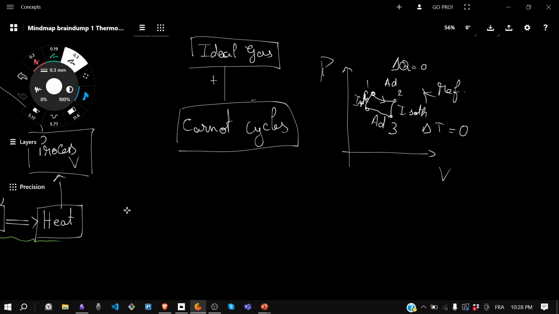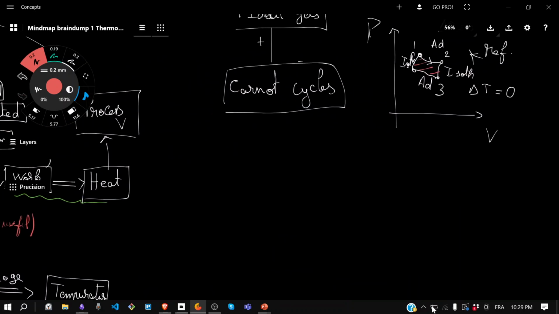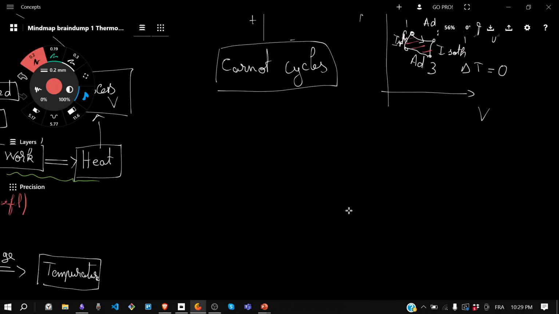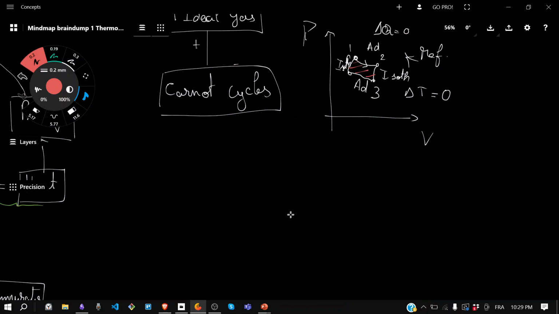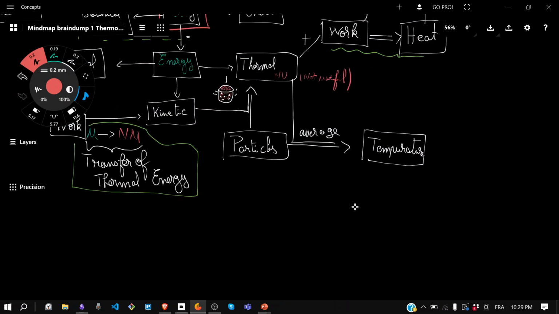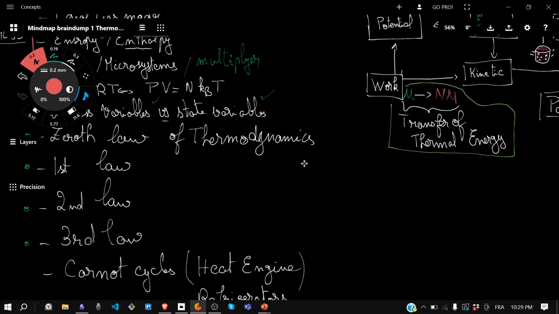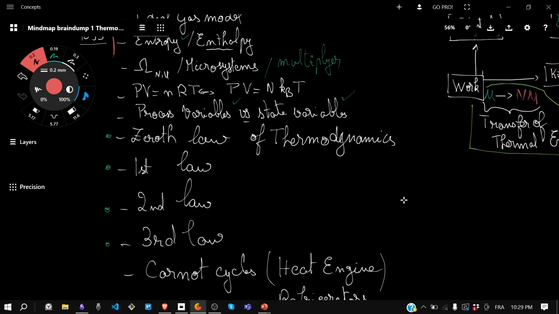Then you go back up. Basically the work done, what I understood, is the surface area under the curve, which means it's an integral somewhere. This is so useful in so many ways. Basically, if you want to heat up something, understand how they work.